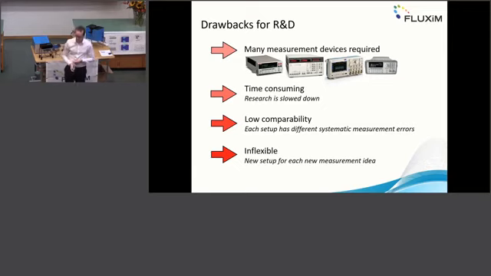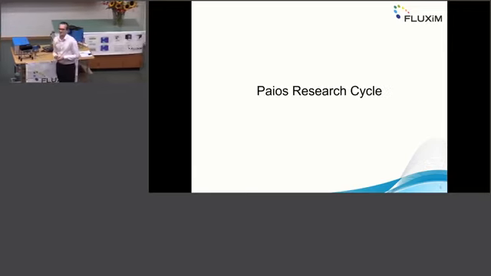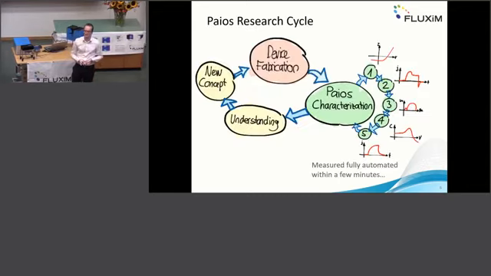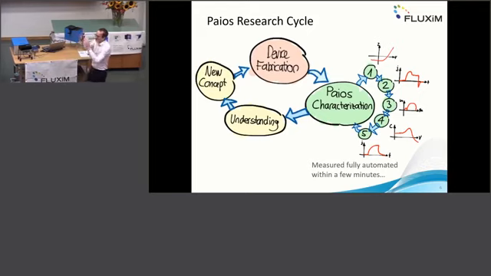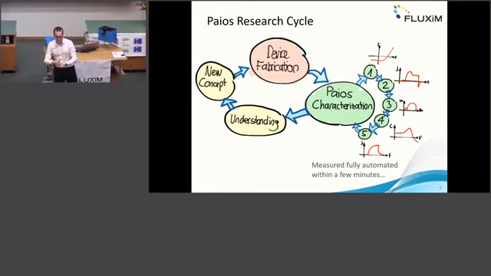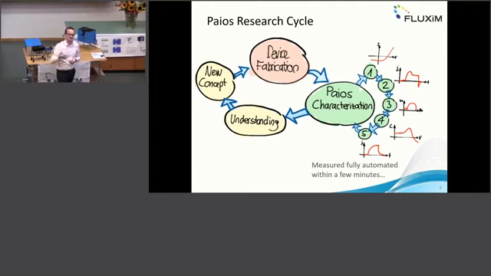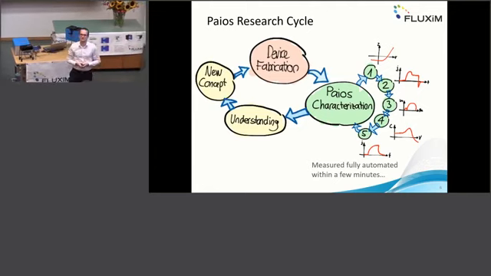difficult to compare. So that's what brought us to the idea to create PAIOS, because in PAIOS the concept is that we have all the characterization in one tool. So this simplified scheme looks much simpler because we still create the device, we connect it to PAIOS, and then we run a full routine that runs all the relevant characterization techniques.